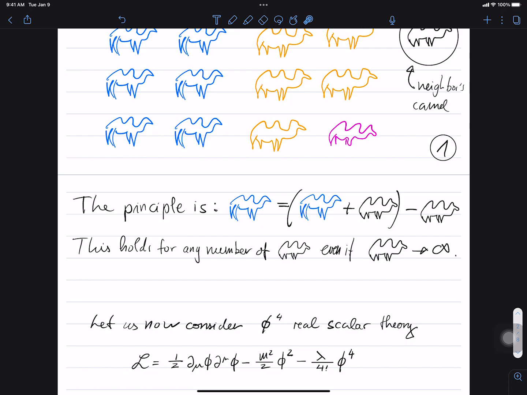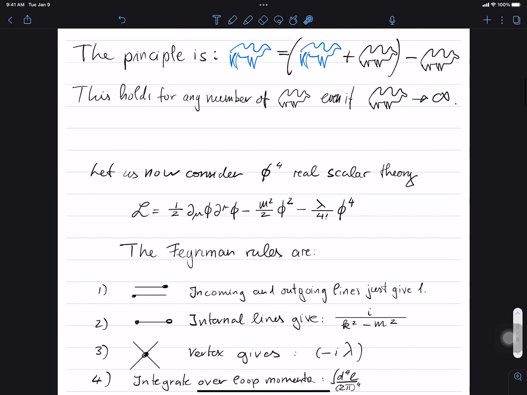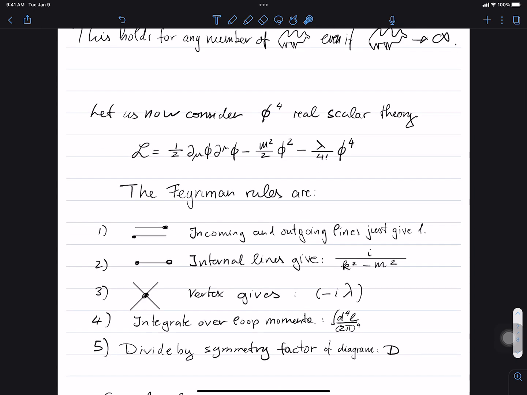Now, let us first go to a simple theory that we didn't study in detail yet, but we have already briefly mentioned. The interaction term of this theory is phi to the 4, so it is quite mundanely called phi to the 4 theory. It's a real scalar, as you see in this free Lagrangian of one real scalar field.